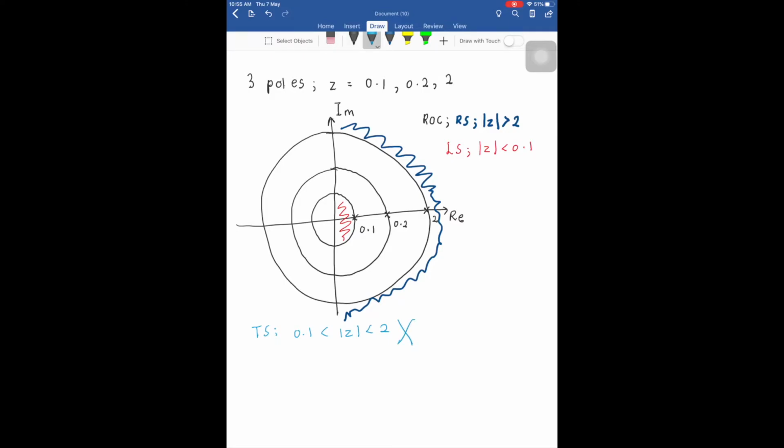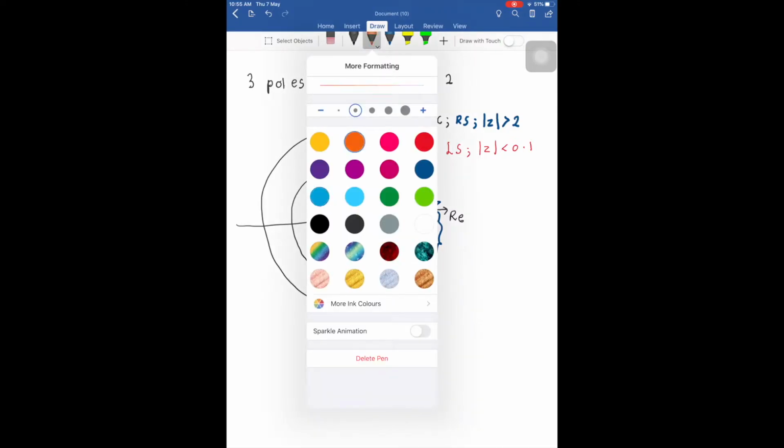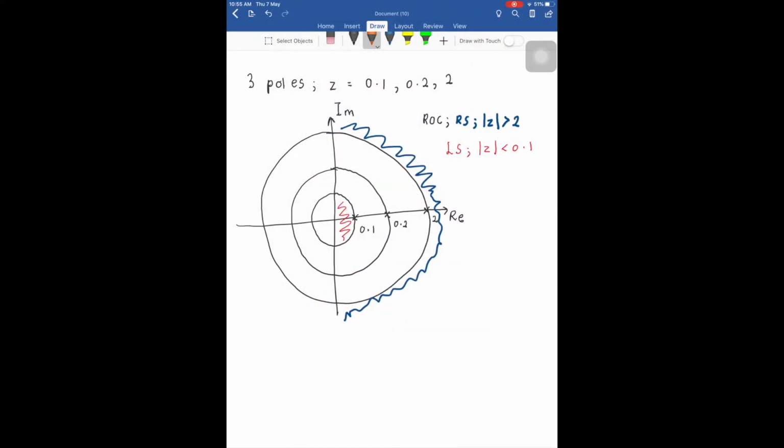This is wrong. What you have to do is separate this part, meaning that an ROC cannot contain another pole inside the region. So for this part, we're going to have two-sided regions.